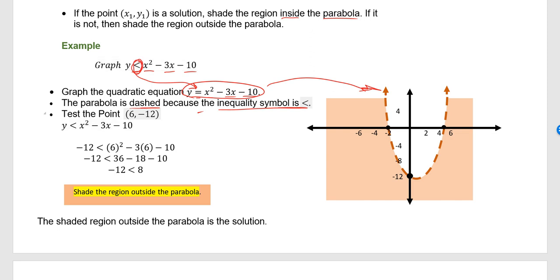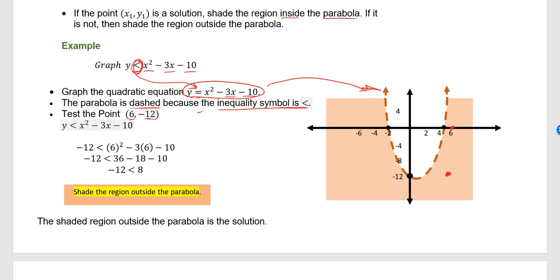Now, let's test the random point (6, -12), which is the point right here, which happens to be outside the parabola. When we say test the point, we mean take both coordinates of the point and plug them into the equation.